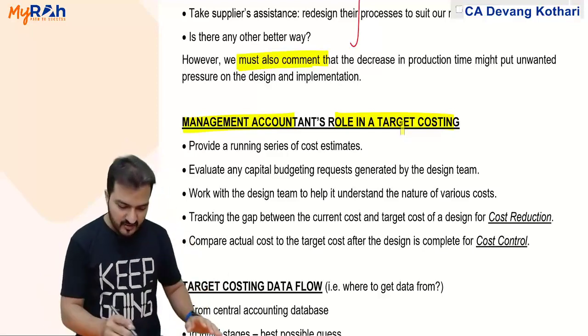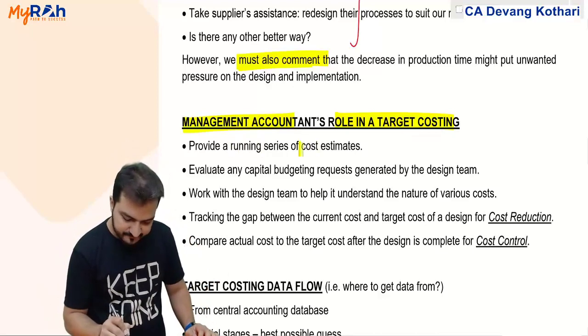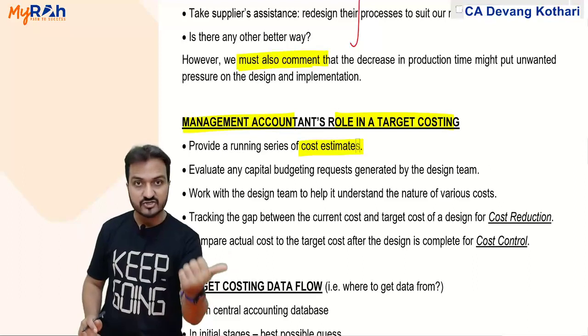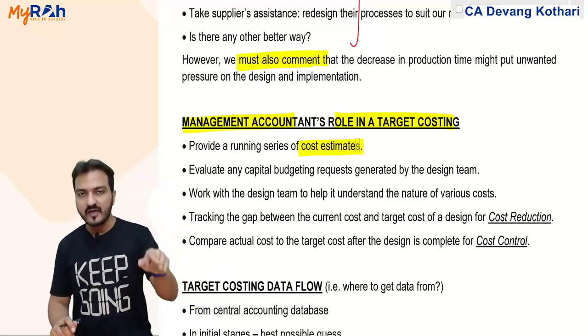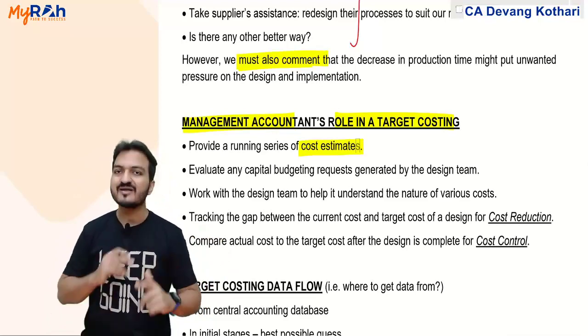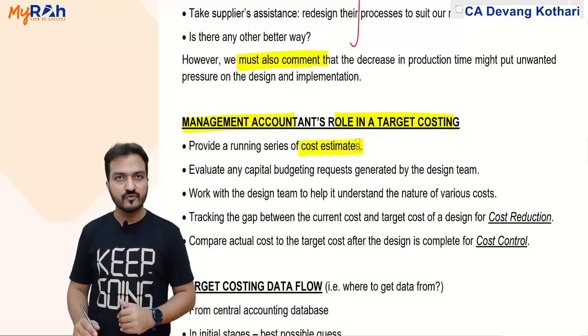First of all, you need to provide a running series of cost estimates to the designers, to the engineers, so that they can check whether their new design achieves the target cost or not. So in short, cost estimations of the new design you have to give.